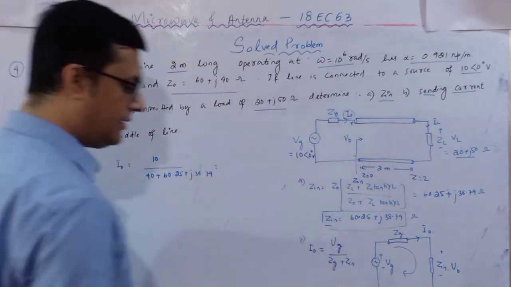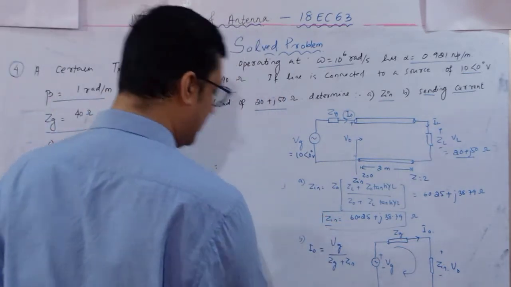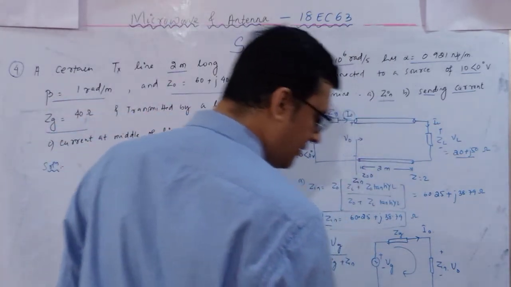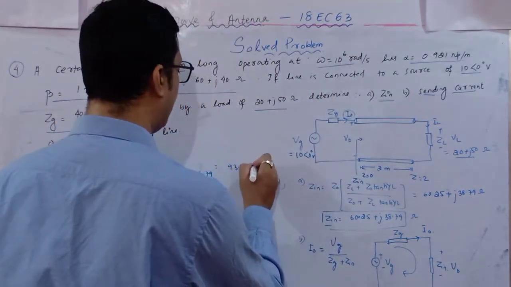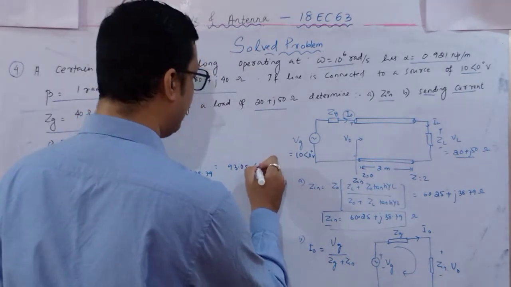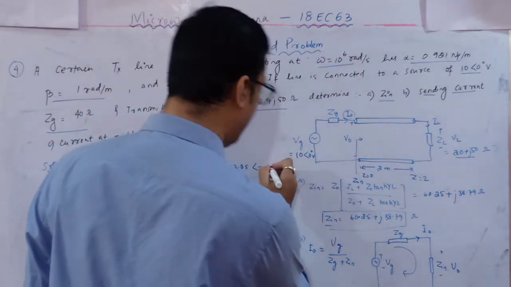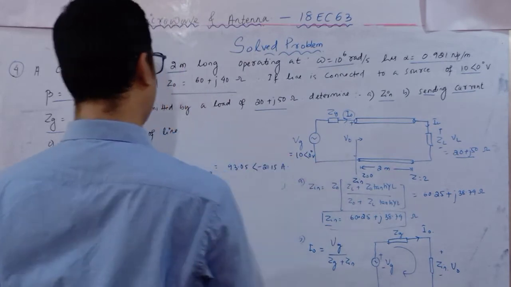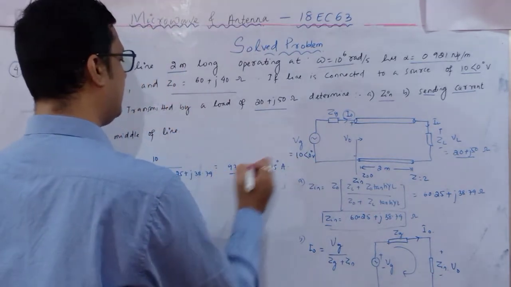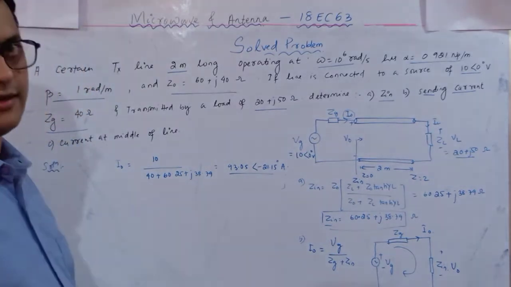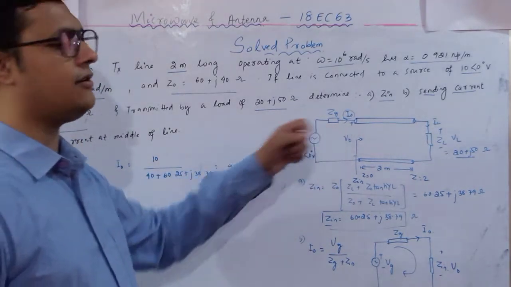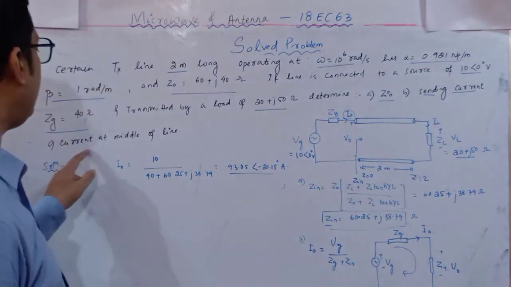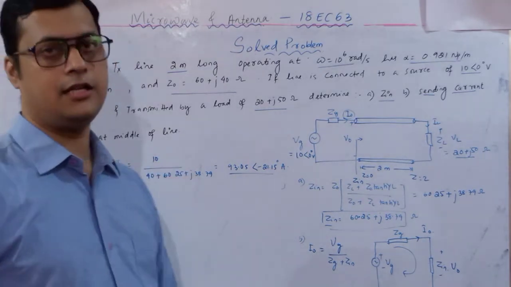If you solve this, you will get around 0.0305 angle -21.5 ampere. So this is my sending current. Sending current means this I0. Always remember this. Next we have to calculate the current at the middle of the line.